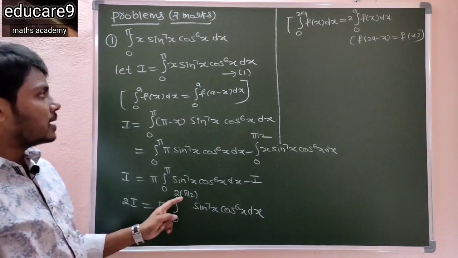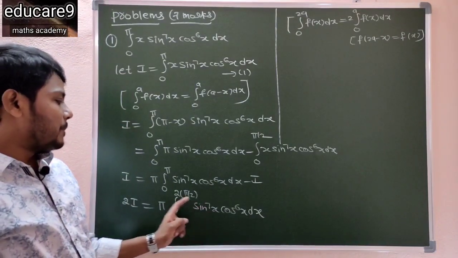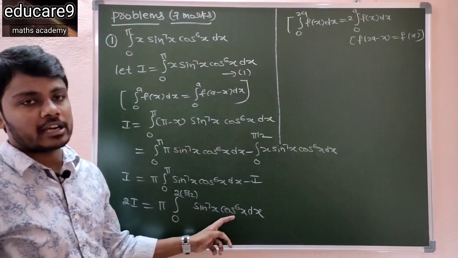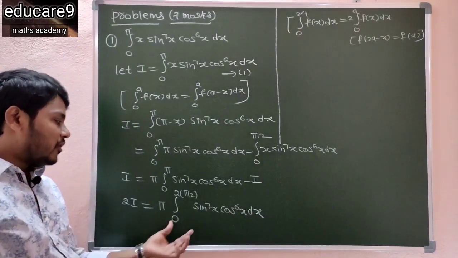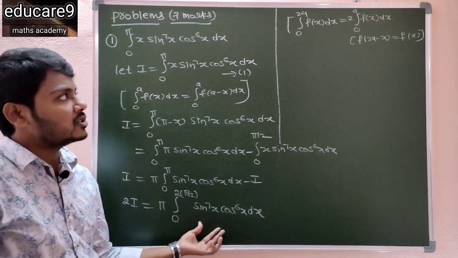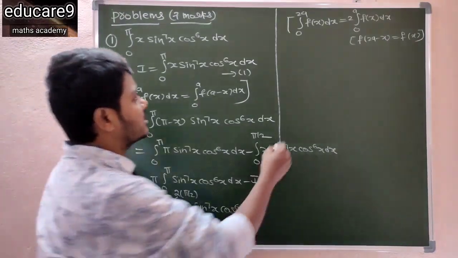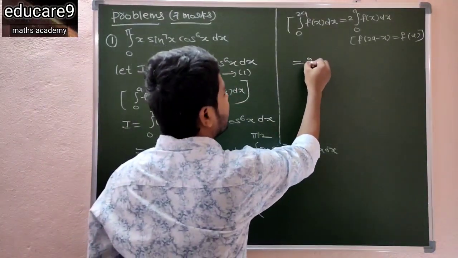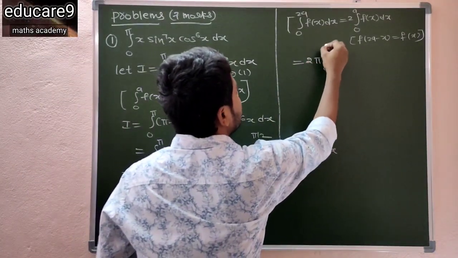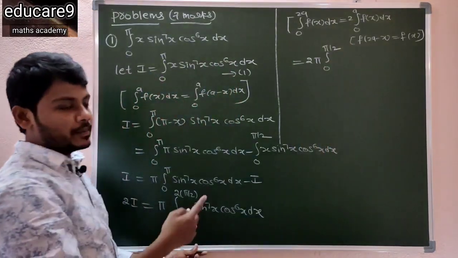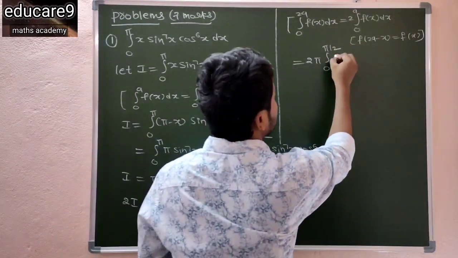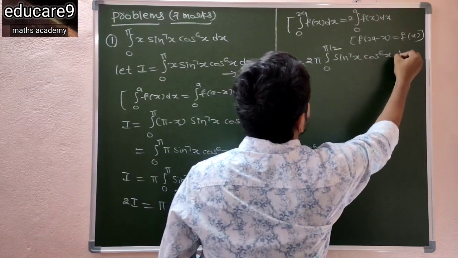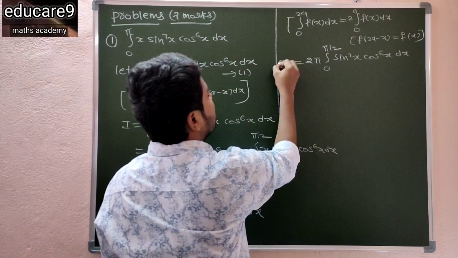Here replace x by pi minus x, you get again sin^7 x and again cos^6 x. So clearly f(2a minus x) is f(x). So in that case this can be written as 2 times, that is 2 pi times the integral from 0 to pi by 2 of sin^7 x cos^6 x dx. So this is 2I.